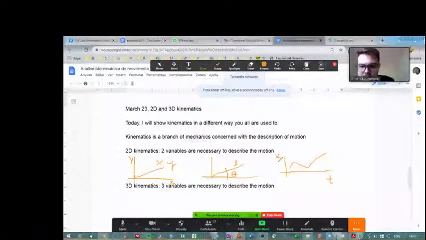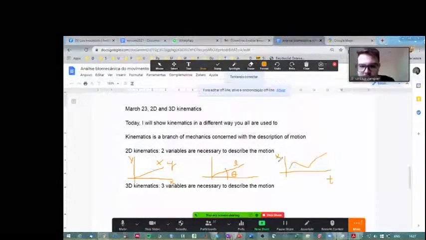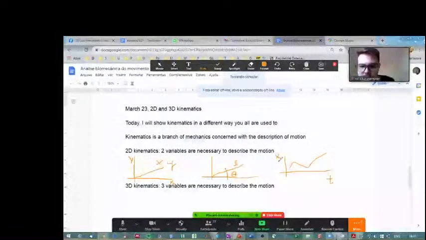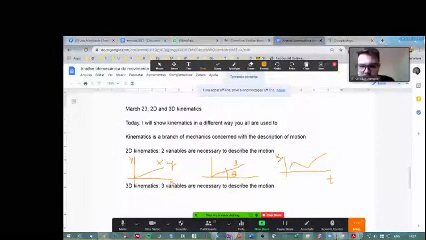And I told you that those variables, those reference systems, are equivalent. It means that they give you the same thing, the motion. So if I use x and y, or I use angle and length of my arm, they give me exactly the same thing, the position of my end point, the position of my arm.